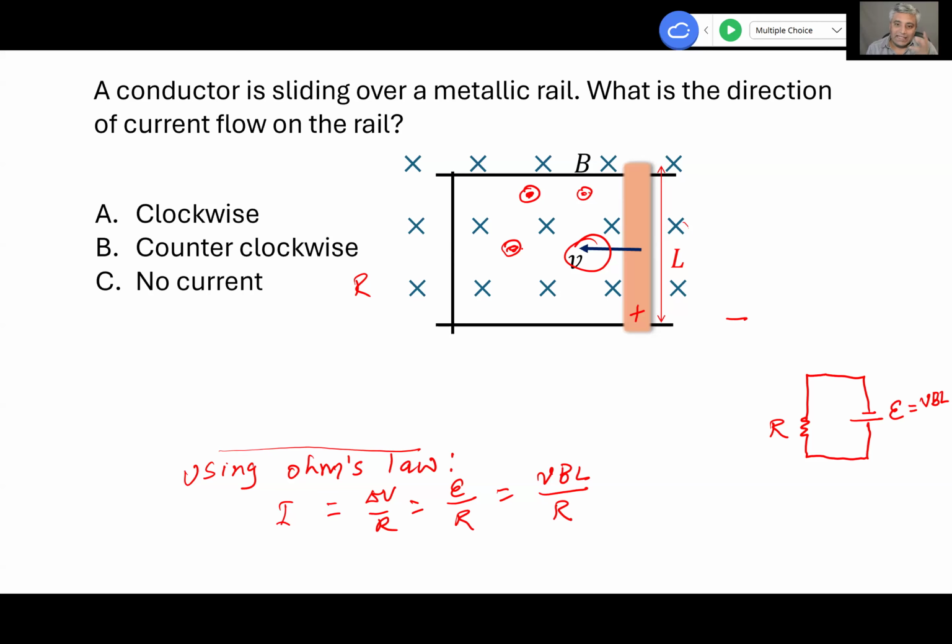It depends on what direction B is, and then on our skill of orienting our right hand in the correct direction. Those are the things you need to keep in mind.